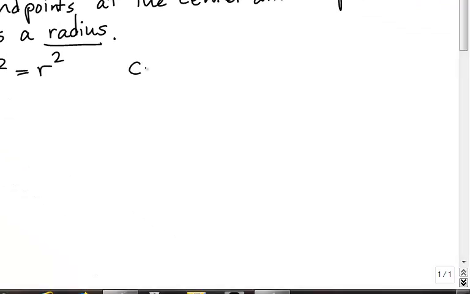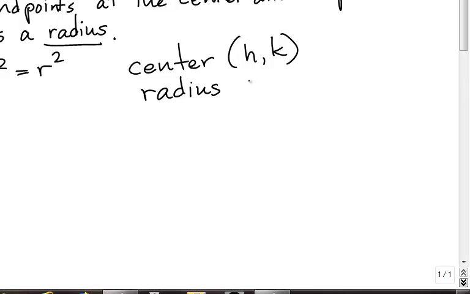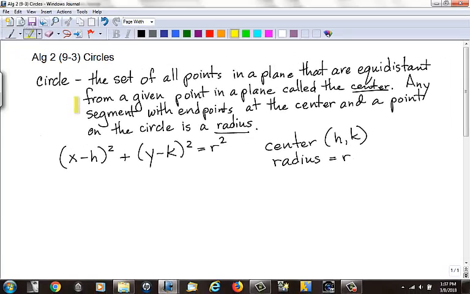The center of your circle is at (h, k), and the radius is equal to r. Notice the radius is not r squared, it's just r. Okay, so our main formula is x minus h quantity squared plus y minus k quantity squared equals r squared. The center is (h, k) and the radius is r.